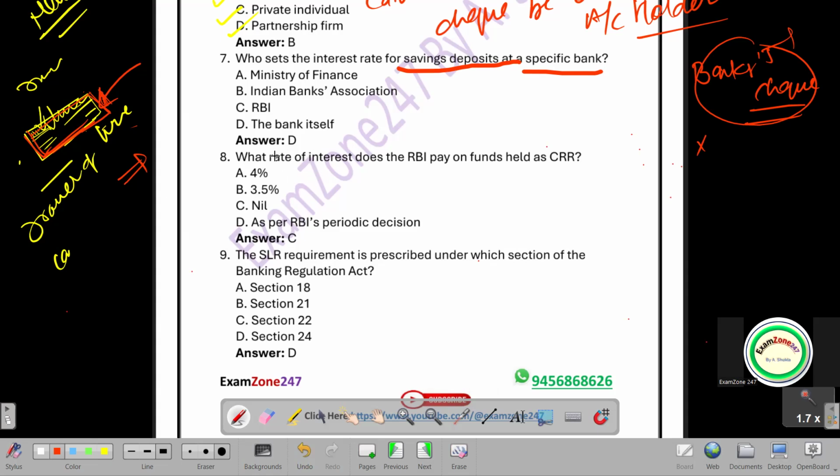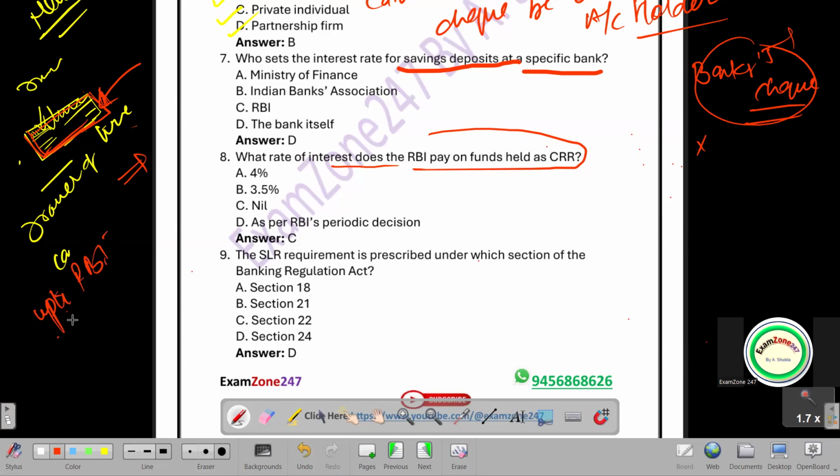See, interest rate has been deregulated. The RBI can control interest rate on advances, but the decision on interest rate is up to the bank.